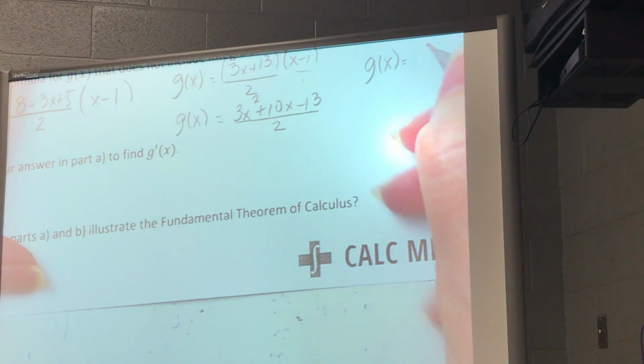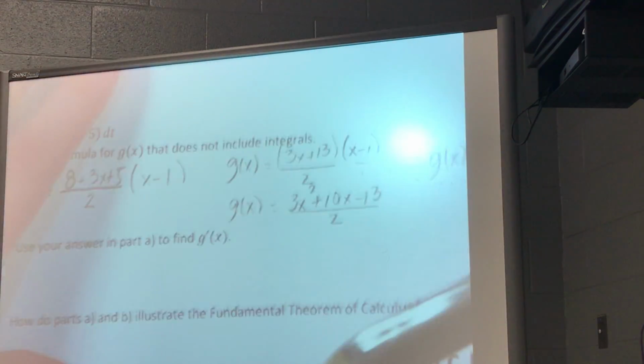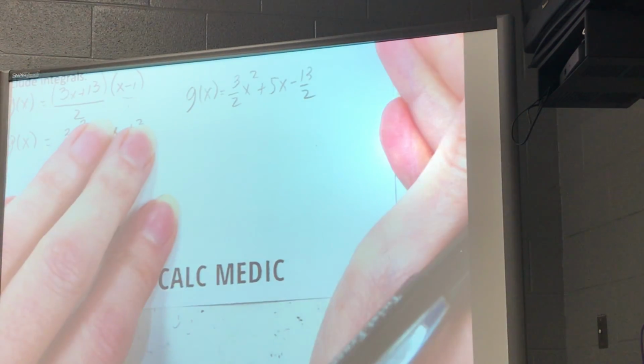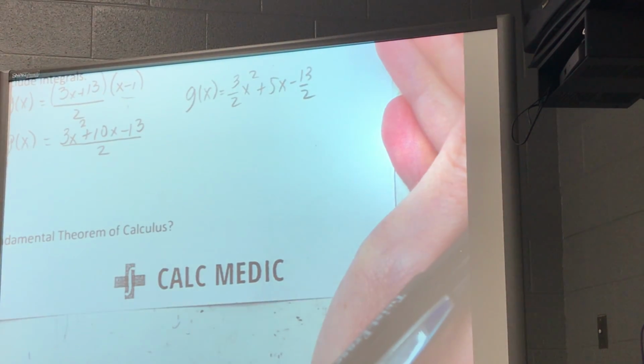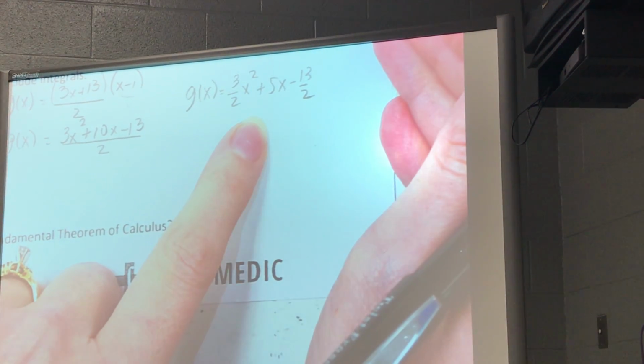I'll divide all of those by 2. Okay, so you guys, we haven't done this in a while, so go ahead on B and find the derivative of this, please.